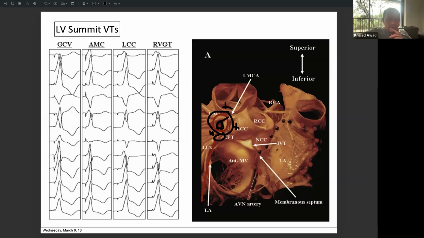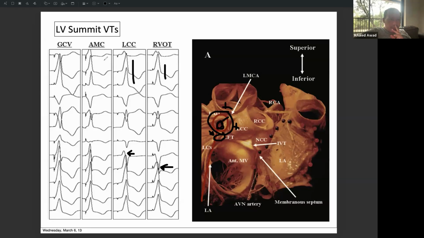So let's review the principles we talked about. RVOT is going to have a slightly later transition. It could be V3, could be V4, but you can see here we transitioned in V3, and we're positive in the inferior leads. The left coronary cusp is also positive in the inferior leads. We're still high up in the LVOT, but you're going to see the transition is a little earlier.